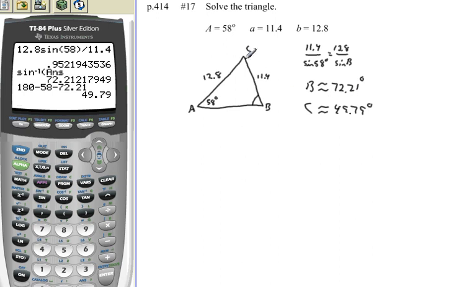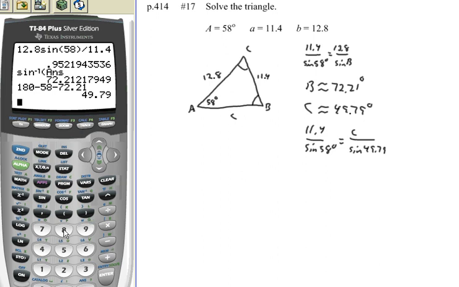All right. Now that I know angle C, all I'm missing now is side C. So let's find side C. We can find that by using the law of sines again. I can say 11.4 divided by the sine of the opposite angle is equal to side C, which I don't know, over the sine of the opposite angle, which is 49.79.